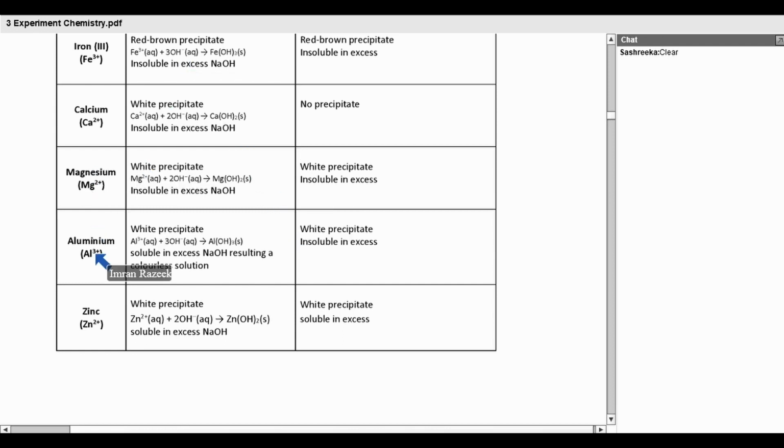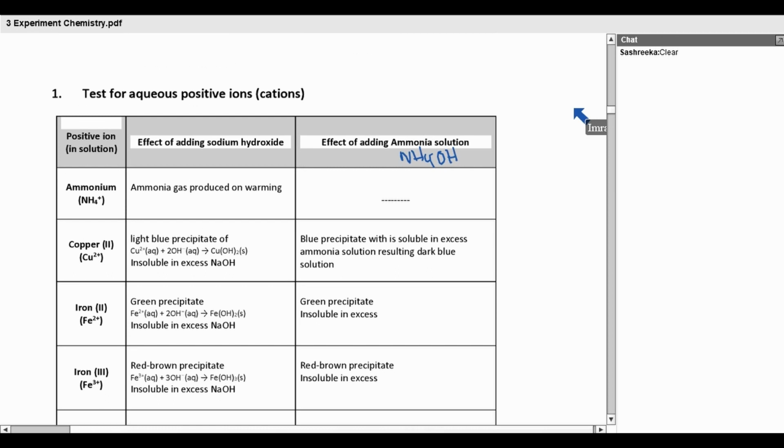Now see, magnesium and aluminium give the same observation with aqueous ammonia, which is ammonium hydroxide, but the observation differs with sodium hydroxide, right? So this is the importance of testing cations with strong alkali and weak alkali. We'll be studying in A2 why certain hydroxide precipitates dissolve in strong alkali and not in weak alkali. Now let's see the first test, which is ammonium.